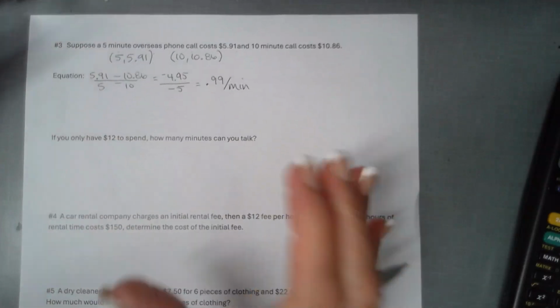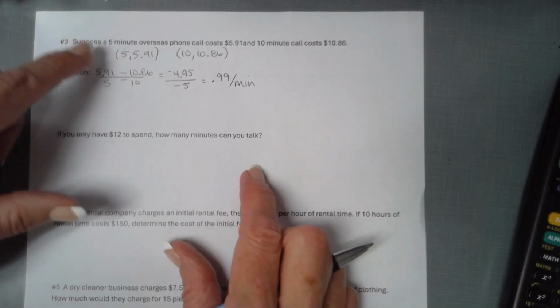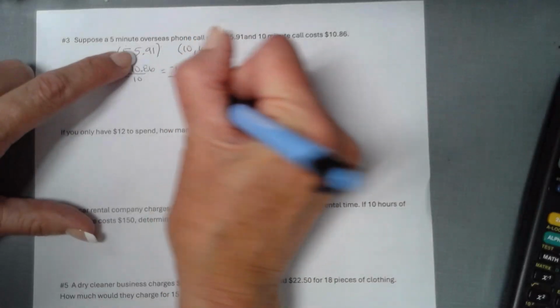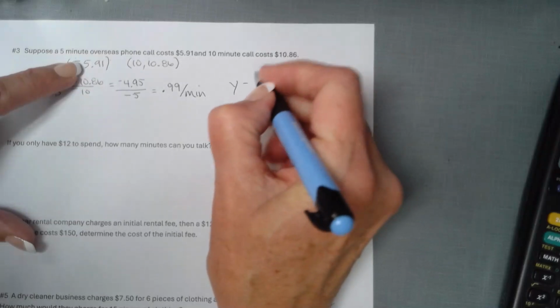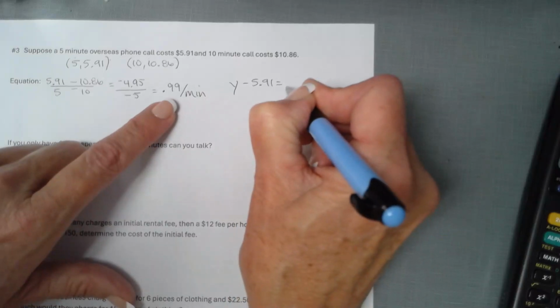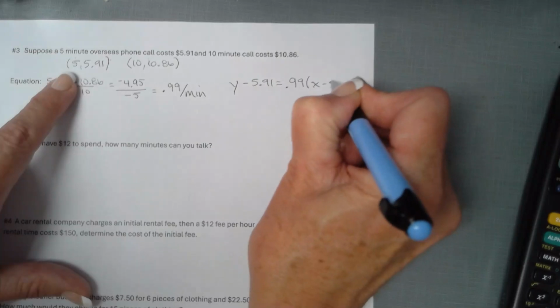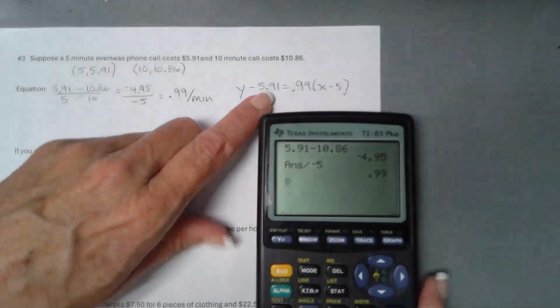Now, I'm just going to pick something to plug in. Doesn't matter which one. I'll just go ahead and grab this guy right here. So there's my Y component. So it's going to be, let's do that over here, Y minus 5.91 equals my slope, 0.99, X minus 5. Okay, so now let's simplify that.